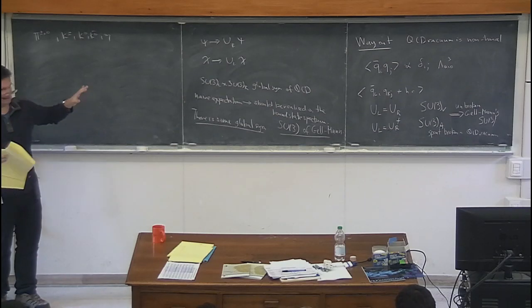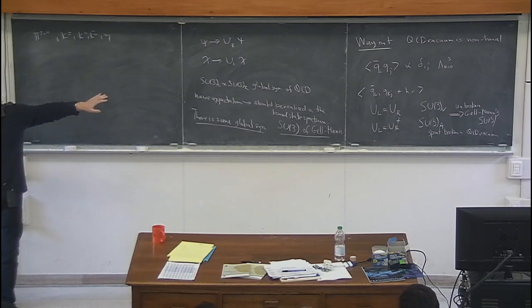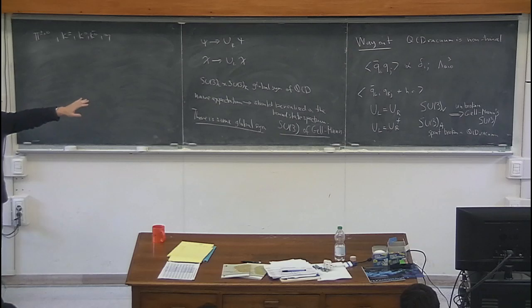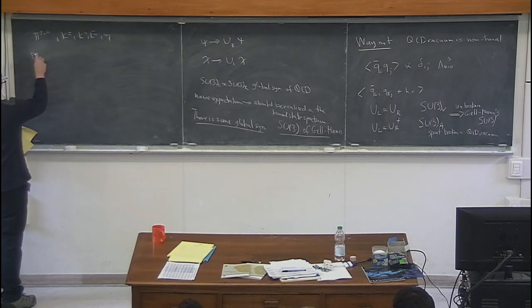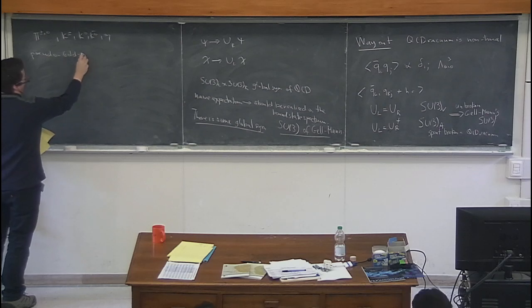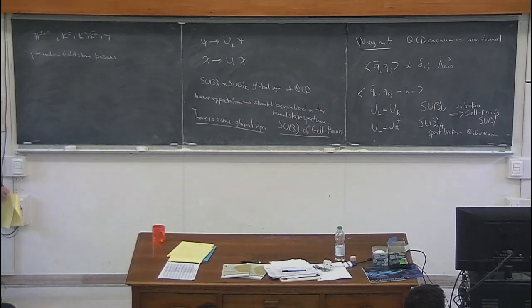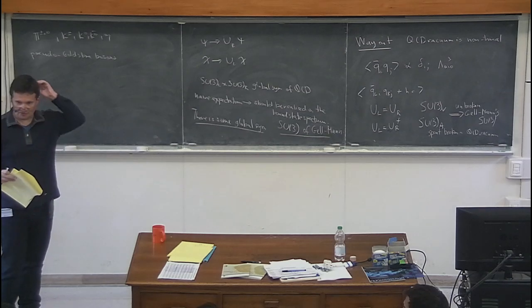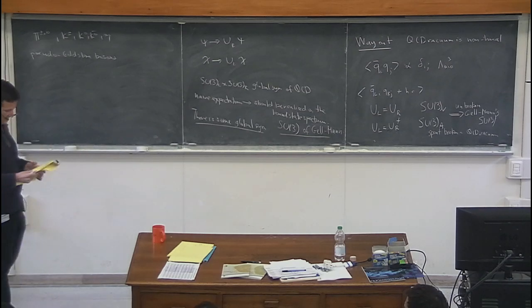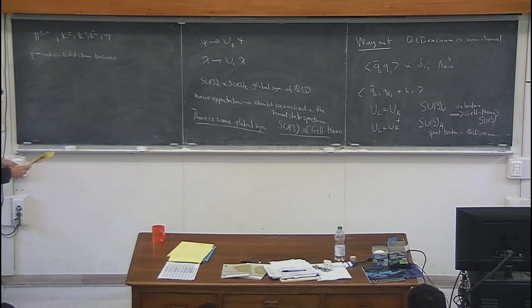This SU3 axial was a good symmetry only in the limit when the quark masses went to 0. Meaning that they are not exactly massless, and we will discuss in a moment how to estimate the effect of the breaking term on the mass of these Goldstone bosons.